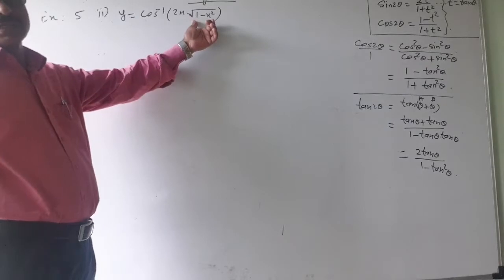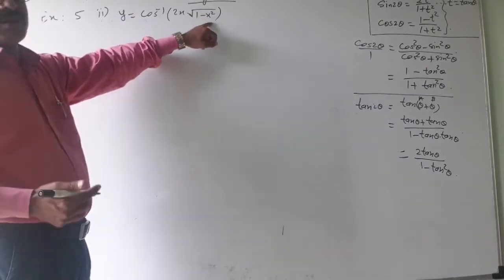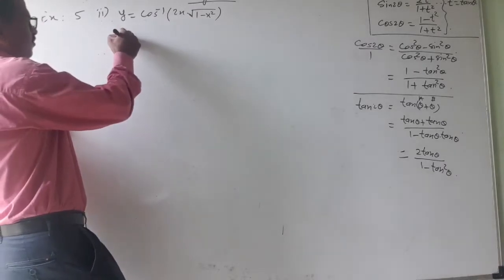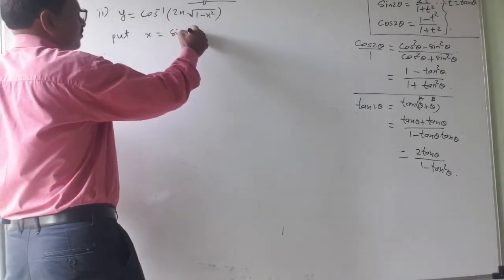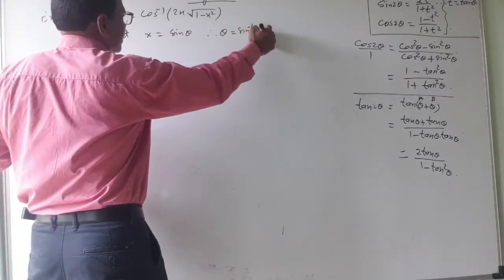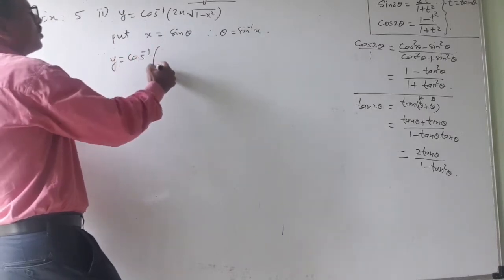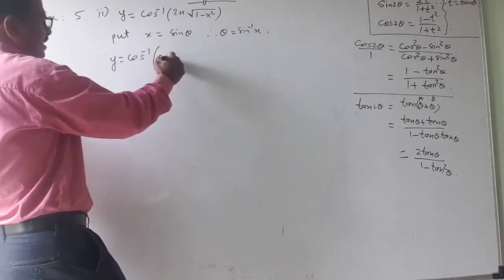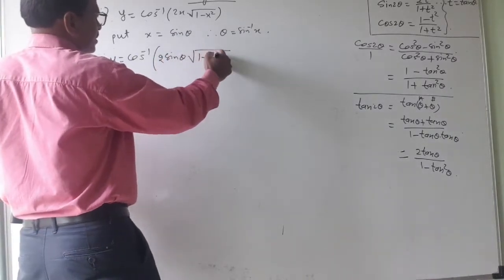You know all these things: 1 minus sine square or 1 minus cos square. That way you can remove it. So put x is equal to sine theta or cos theta. Therefore, theta is equal to sine inverse of x. So y is equal to cos inverse of 2, x meaning sine theta, 2 sine theta into under root 1 minus sine square theta.